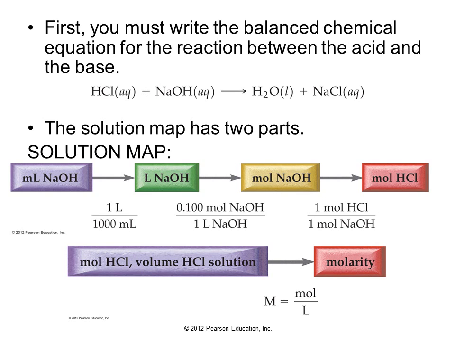First, you must write the balanced equation. Here it is. HCl plus sodium hydroxide forms water and a salt. And the solution map has two parts. You start with the milliliters of sodium hydroxide required to reach the equivalence point. Convert those milliliters to liters. Using the liters and the concentration, 0.1 molar, 0.1 mole per liter, convert that to moles.